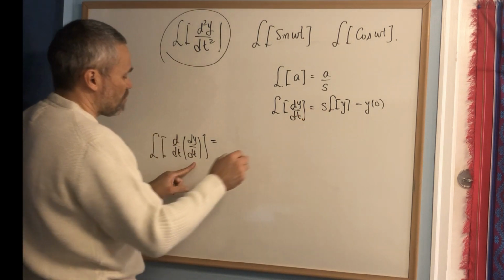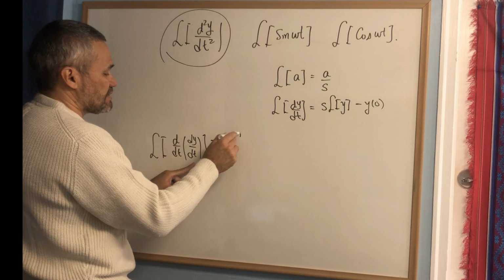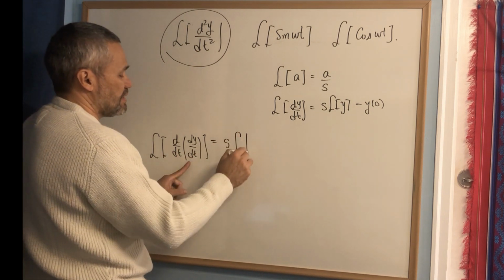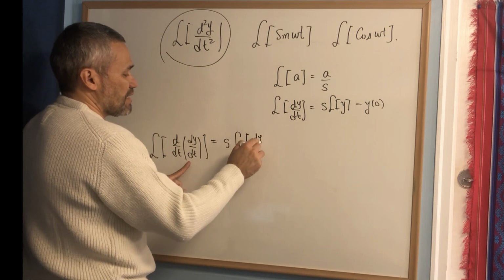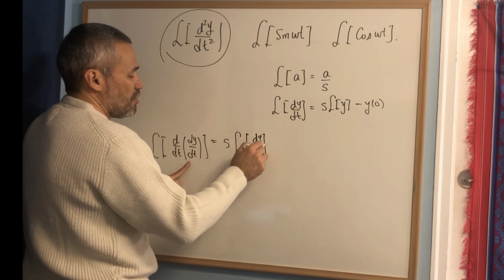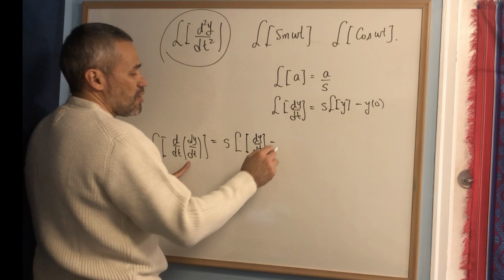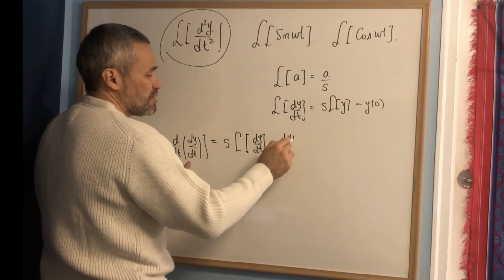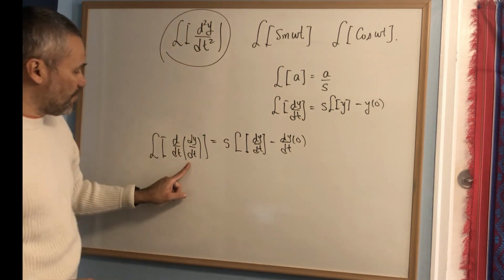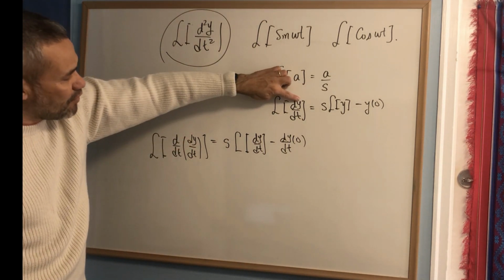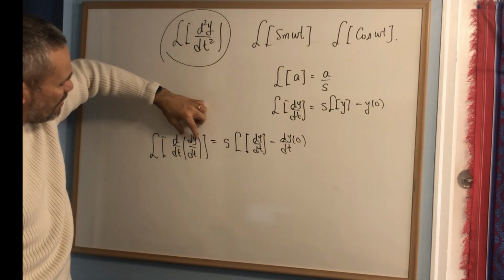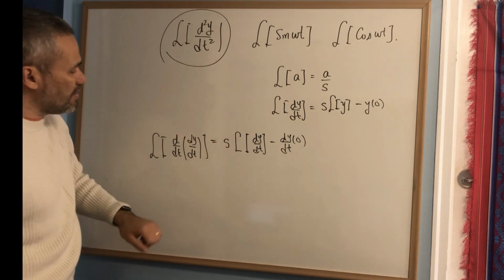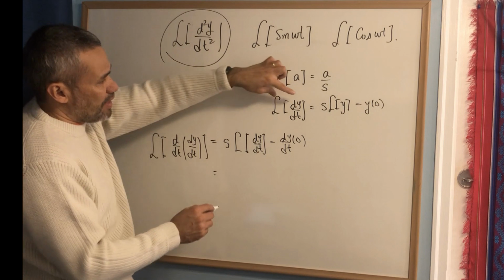Then according to this property, this is just s times the Laplace transform of the derivative of the function, minus the derivative of y with respect to t, evaluated at 0. You see, we are applying this formula, but we are applying it to the derivative of the function. Now we apply this formula again.